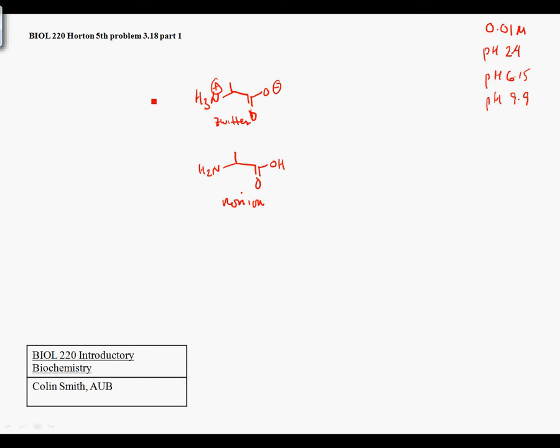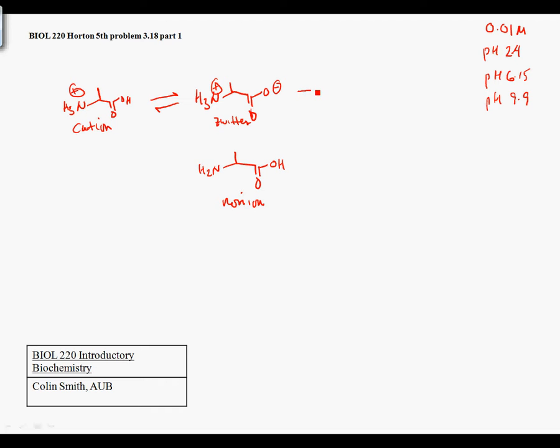So let's look at this. Normally we would consider the ionization by drawing the other forms. At a low pH, we expect that the carboxylic acid, the carboxylate, will be protonated, and we will have a cationic form.